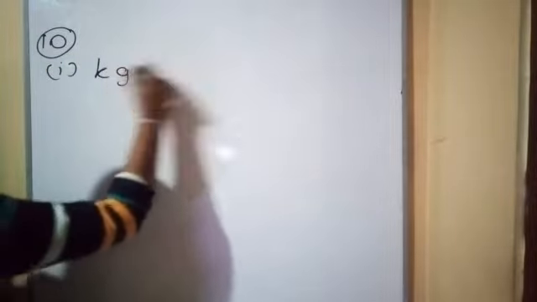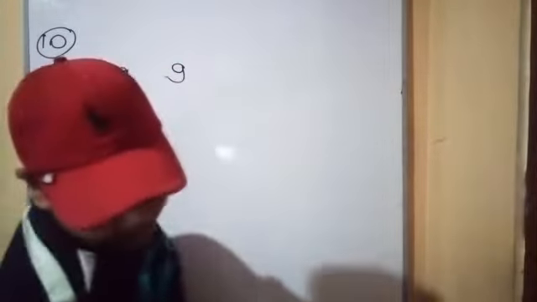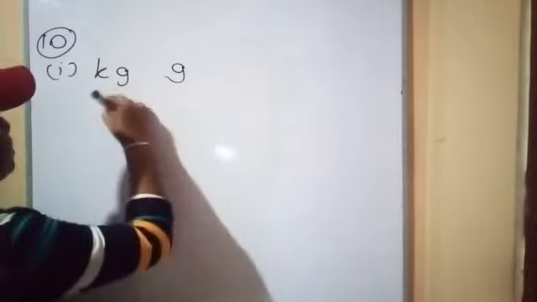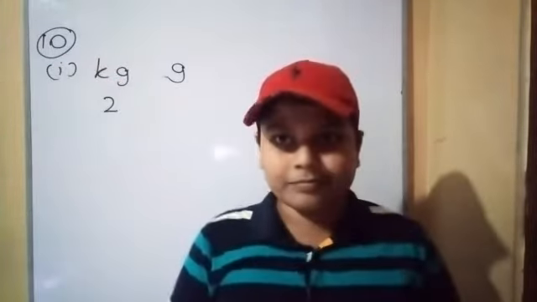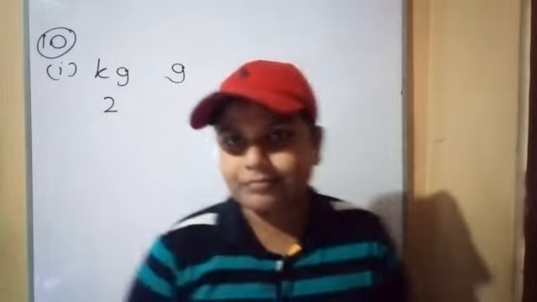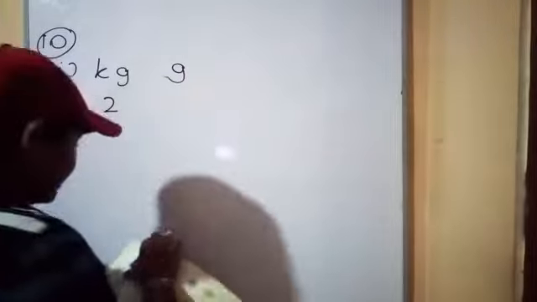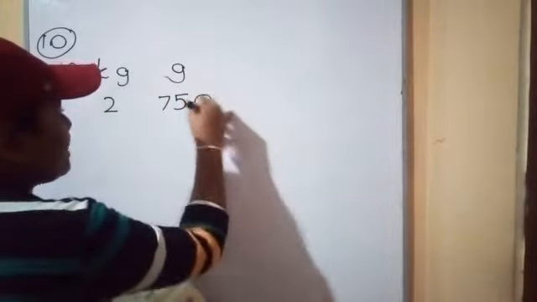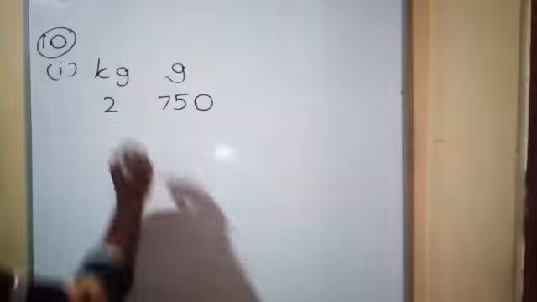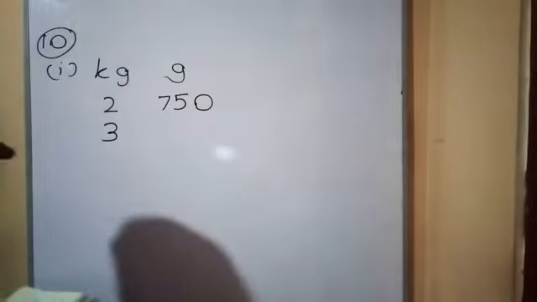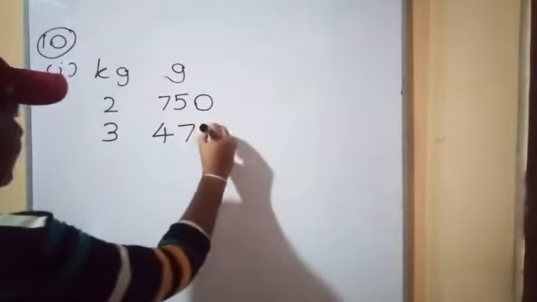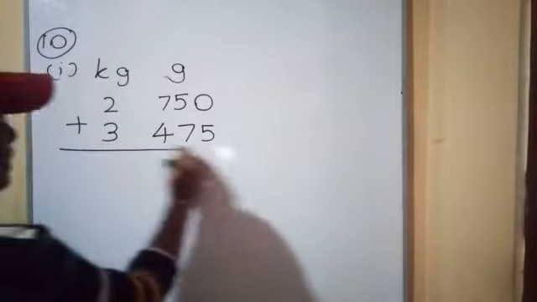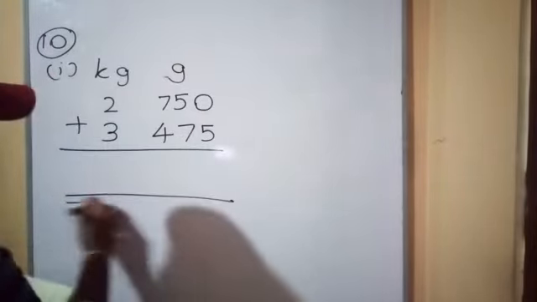The first one of the 10th question is kilograms and grams: 2 kilograms 750 grams added to 3 kilograms 475 grams.